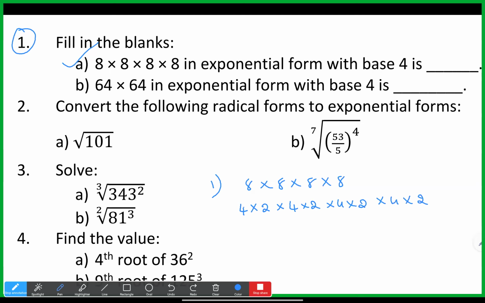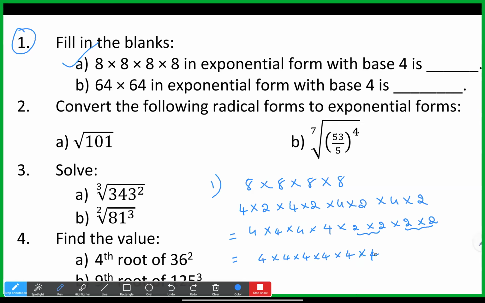Any doubt? No, sir. Now I'll bring all the fours together and the twos together. How many fours are there already? 4 fours are there, and 4 twos are there now. So 4 fours means 4 power 4. Or else, if you are confused, I'll first club these two twos, which is 4, and the other two twos are 4.